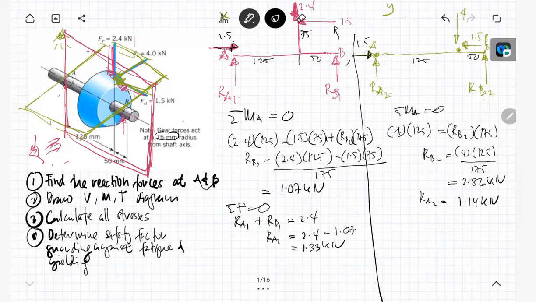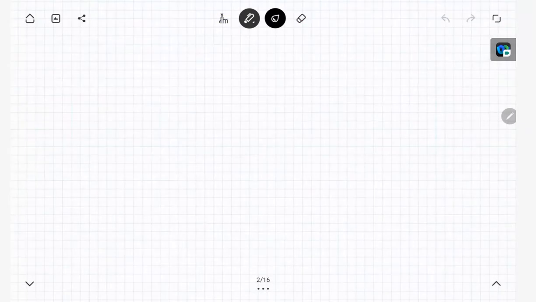Then draw the shear force, moment, and torque diagram. Okay, kita lukis balik. So you have reaction force here.